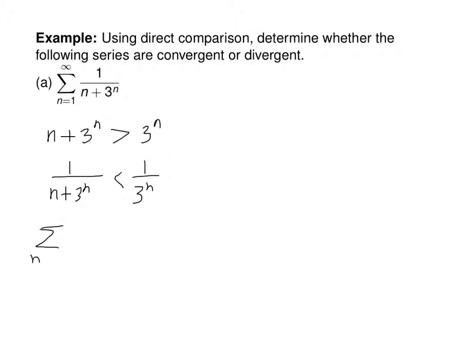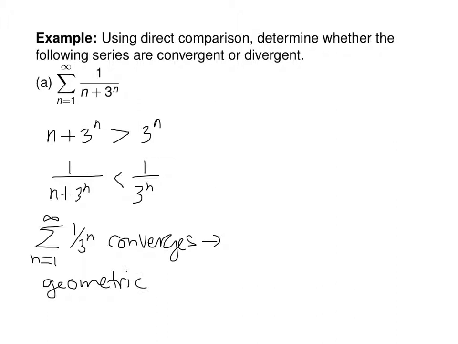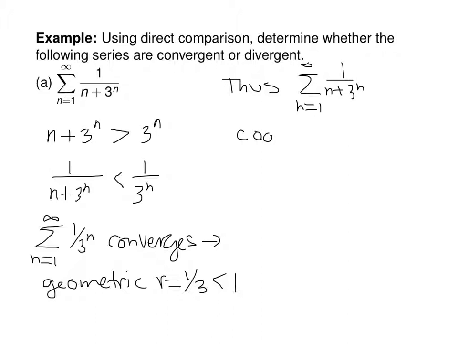And you know that the sum from n equals 1 to infinity of 1 over 3 to the n converges, because it's a geometric series with r equal 1/3, which is less than 1. And because your series' terms are smaller than that, it converges by direct comparison.